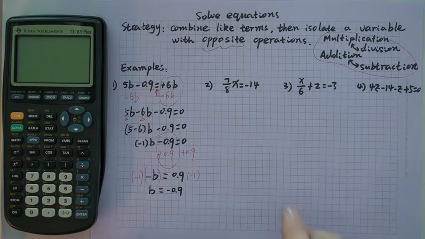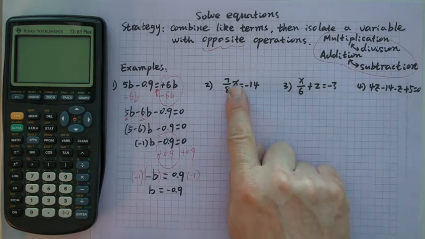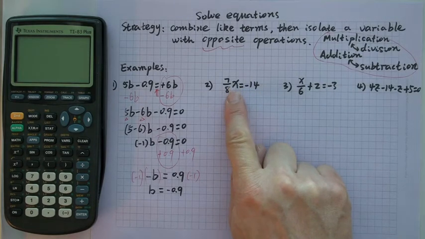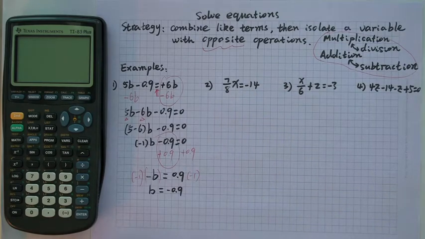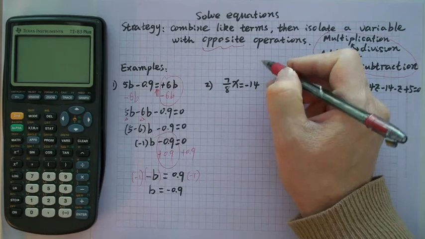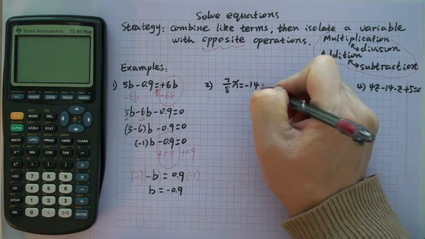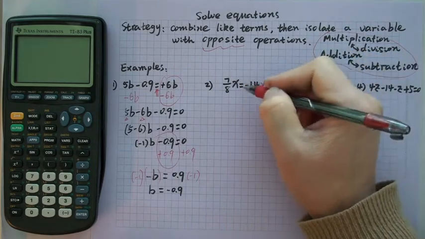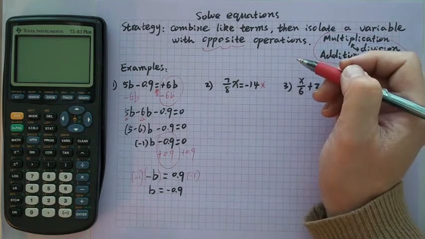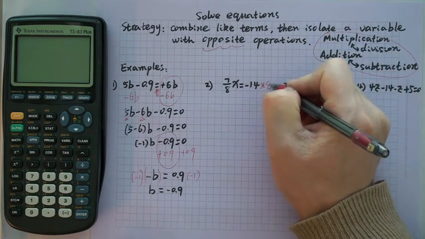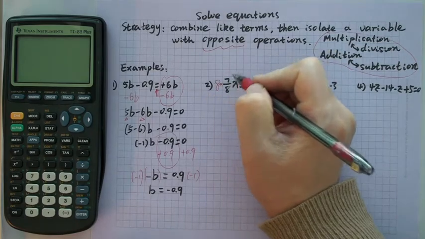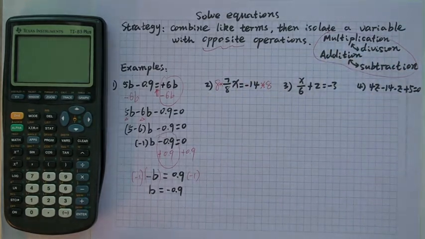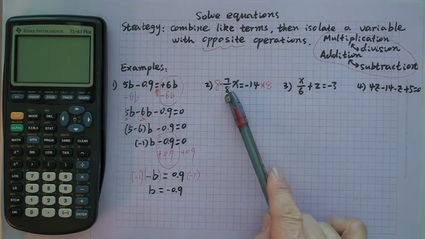Now, here is 7 divided by 8 times x equals negative 14. The strategy for this one is that you can directly isolate because there are no like terms to combine. So what you want to do is multiply both sides by 8, because this is 7 divided by 8.